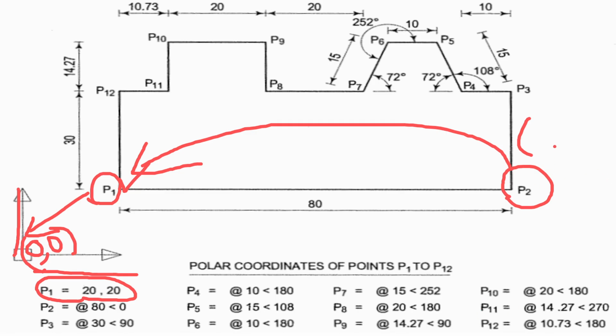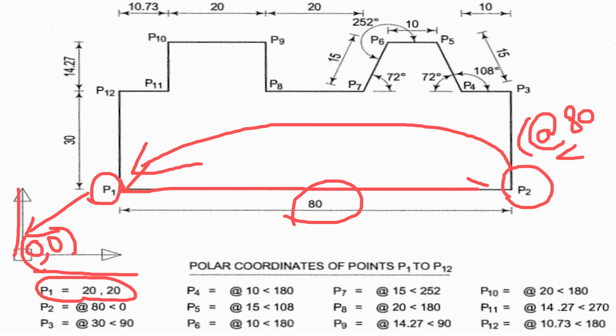That means here we will be representing relative, which is at the rate, the distance between P2 and P1, which is 80. And polar will be represented with a less than symbol. So here we try to know the angle. If I see this diagram, we are at P1, we are moving towards P2.